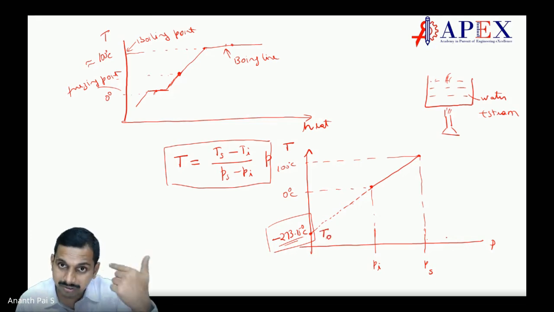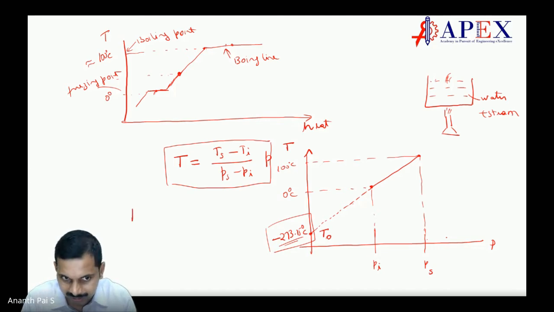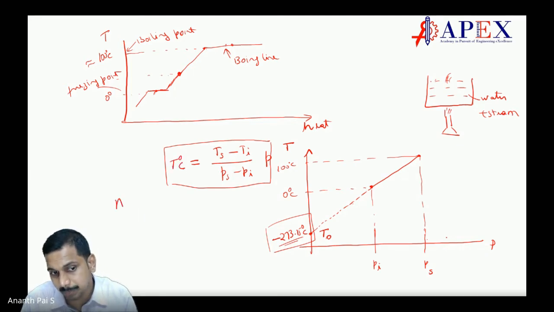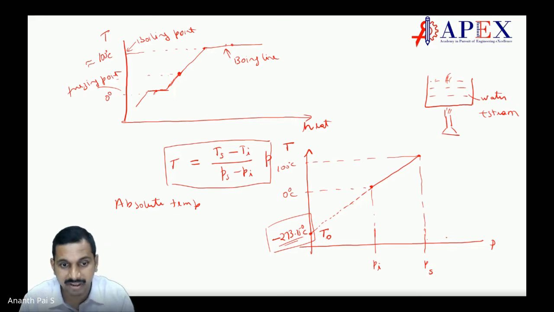So in terms of absolute zero, we can measure the absolute temperature. We will not say T degree centigrade, because it can be Fahrenheit also.